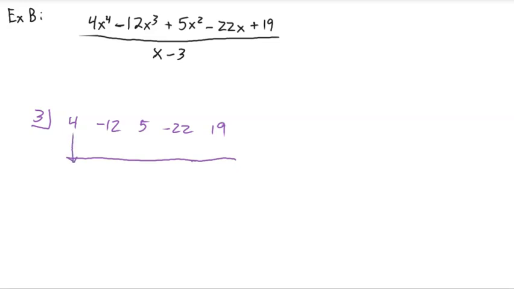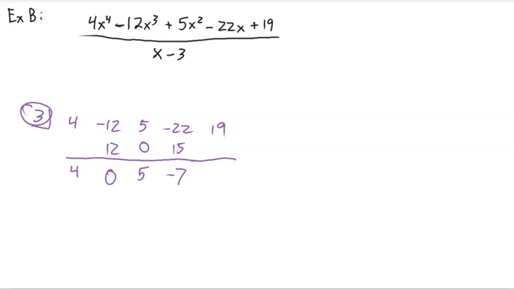We'll bring down the 4. Multiply the 4 times the 3 is 12. 12 plus negative 12 is 0. 0 times 3 is 0. 5 plus 0 is 5. 5 times 3 is 15. 15 plus negative 22 is negative 7.